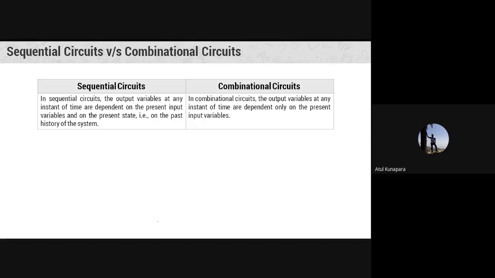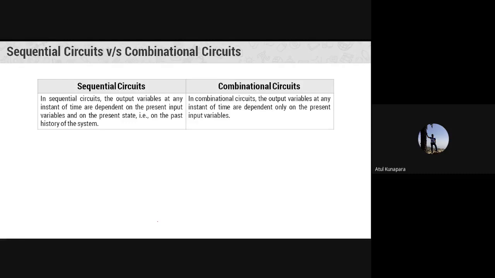When I say present state of the circuit, it means it is storing the last output that came from the circuit. That is the data stored in the memory, right? Because that is applied as an input of the circuit at the time you are referring to for getting output.